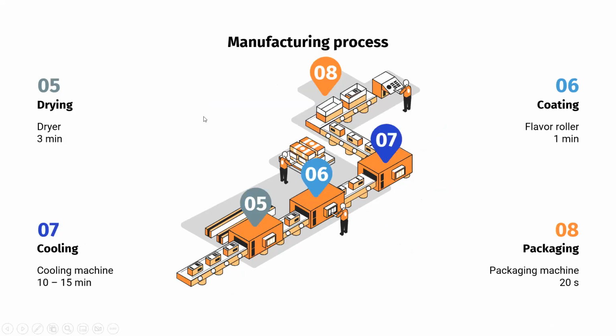Then we have the next step, that is the drying, done with a dryer machine. Then it gets a coating, then the cooling, and finally the packaging. And there is another quality process here.